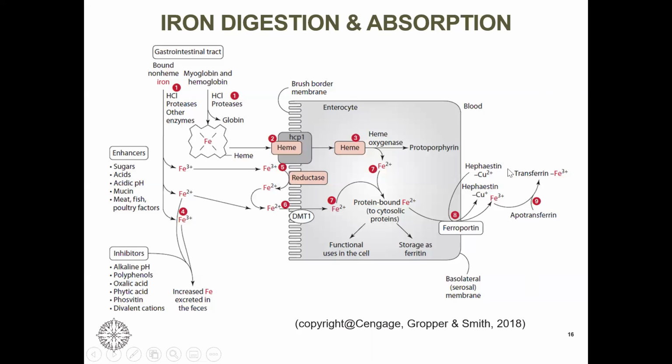Transferrin has gone about, delivered iron to some places, and now it is without iron. So that also comes into play, gets attached to iron, and together they form transferrin. So it's just showing that transferrin can exist without iron. After delivering, it comes without iron, attaches to iron, and forms transferrin.